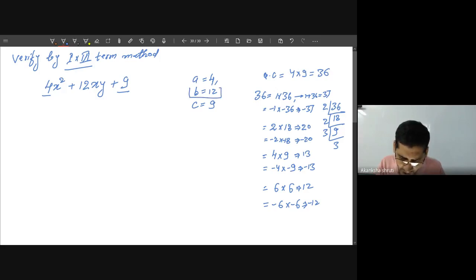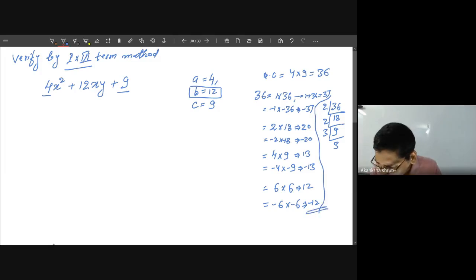Our B is 12. So you have to look for it. Here we have minus 12 and here we have plus 12. So plus 12 we will take. So I shall use 12 equals 6 plus 6.